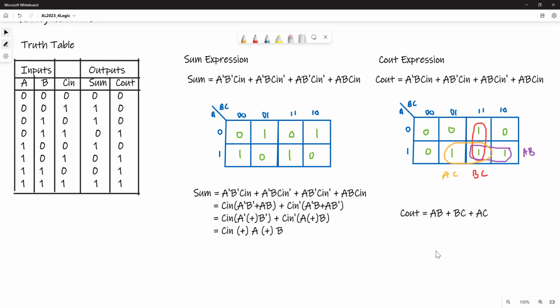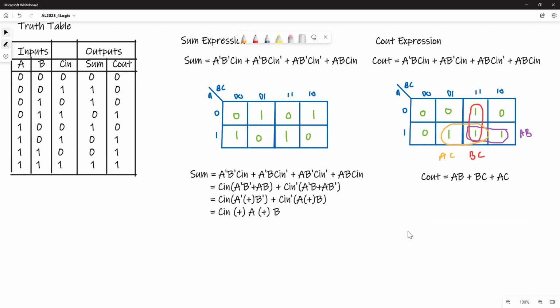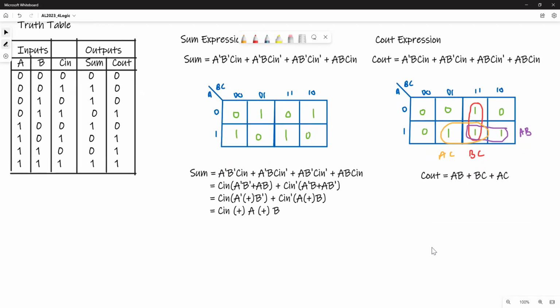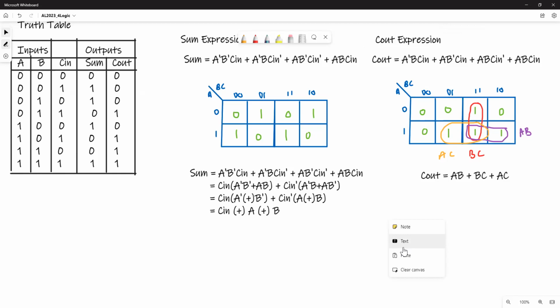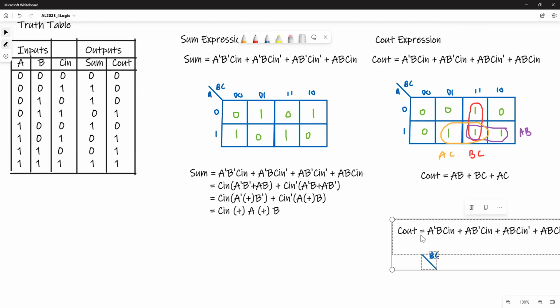Now this is using Karnaugh maps. Now similarly, I could have used Boolean algebra to simplify this. So in that particular case, we can take this one. Let me show you how we could do this.